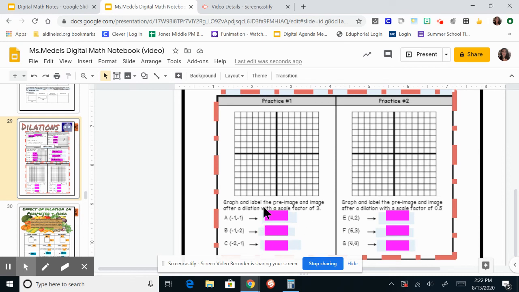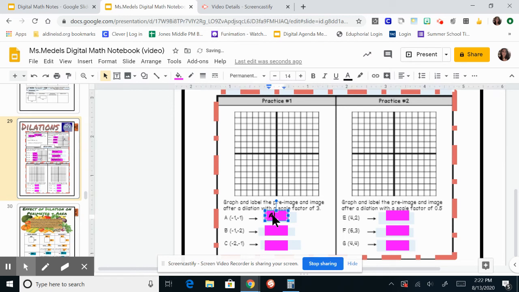Please, here are your original points. You don't have to graph. Remember that when we're talking about dilation, all that means to do is that you're going to be multiplying to get your new coordinates. Please also bear in mind when you're giving me your new coordinates, put that little prime notation.